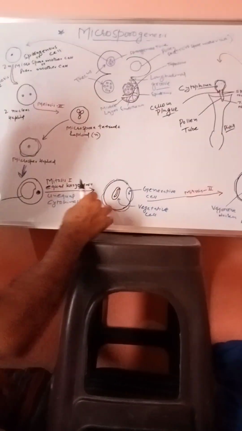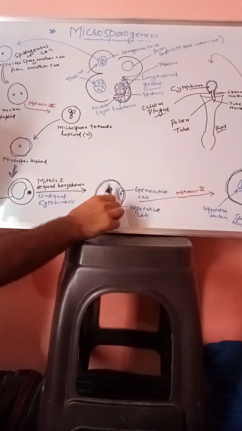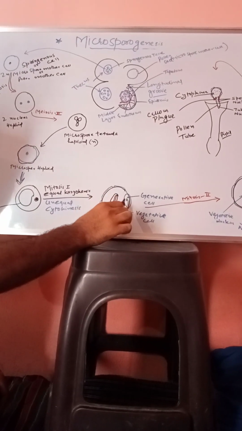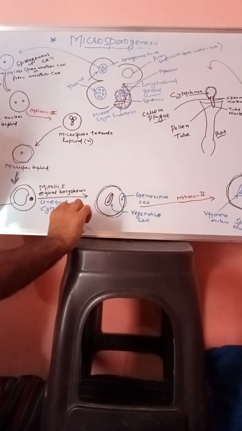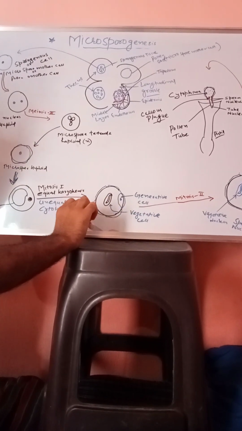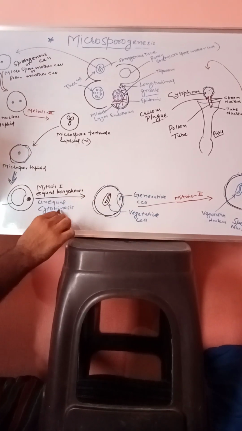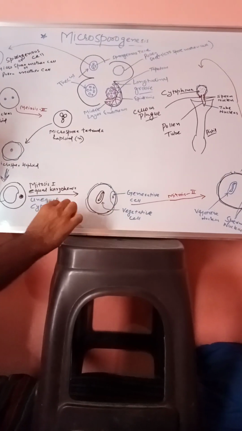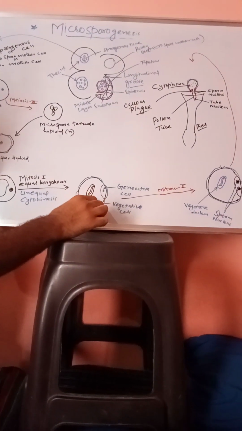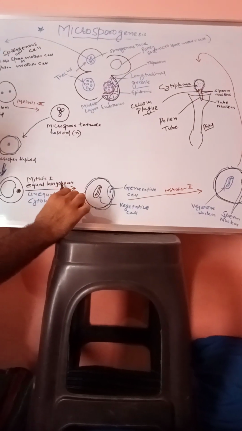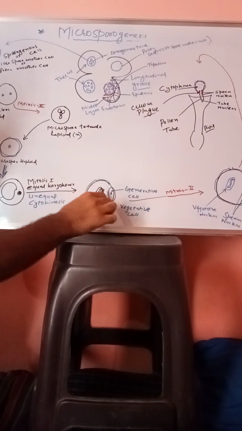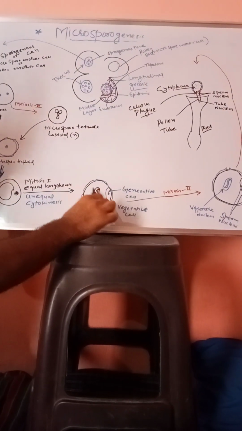In mitosis there is no reduction of the nucleus, but it is divided equally. Cytokinesis means division of the cytoplasm, and unequal means the cytoplasm is not divided into equal parts, while karyokinesis means nuclear division, which is divided equally into two parts.